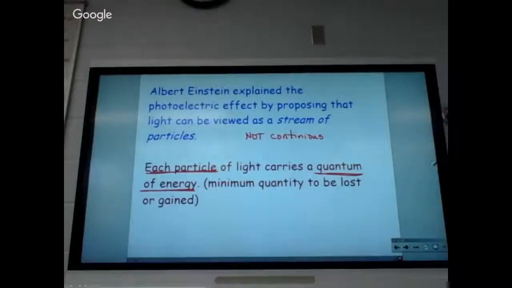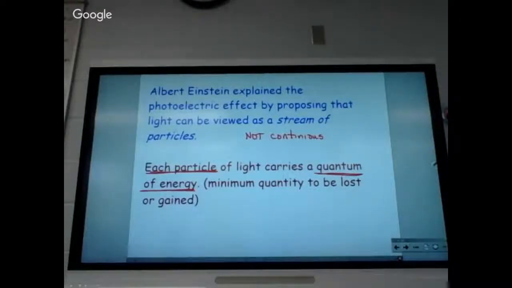So Albert Einstein said that the photoelectric effect is a stream of particles. It's not continuous. So you've got one particle and a break, another particle and a break, another particle and a break. Each of those individual particles carries a certain amount of energy.